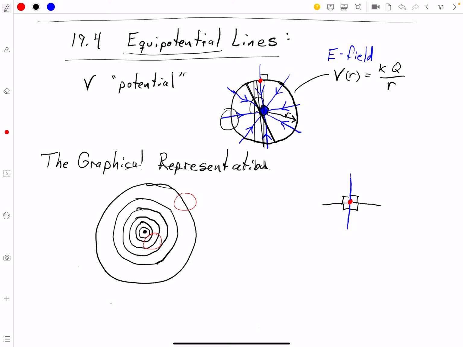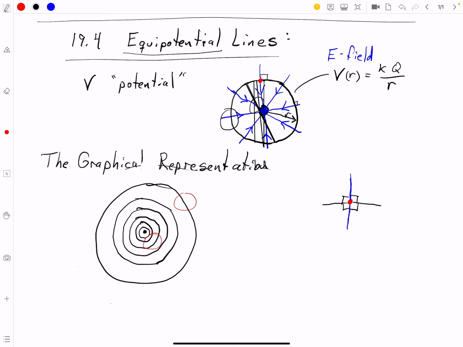Okay? So it's all 90 degrees. Every single time you have your E fields, they're always 90 degrees to your equipotential field.